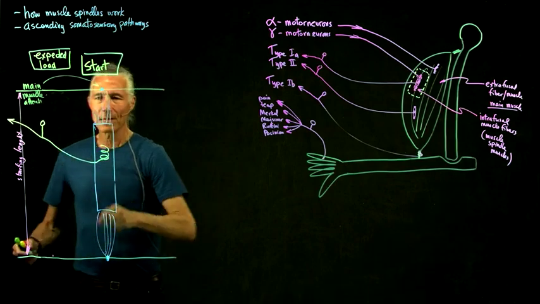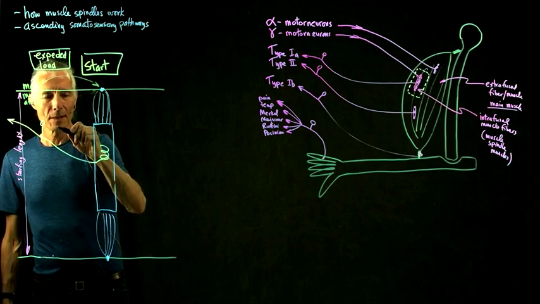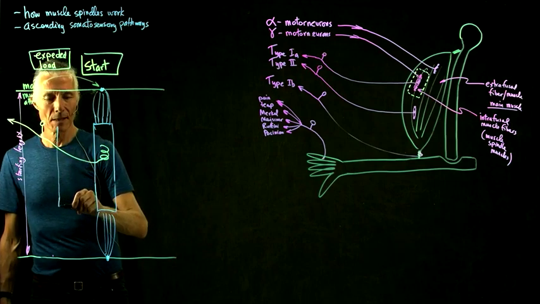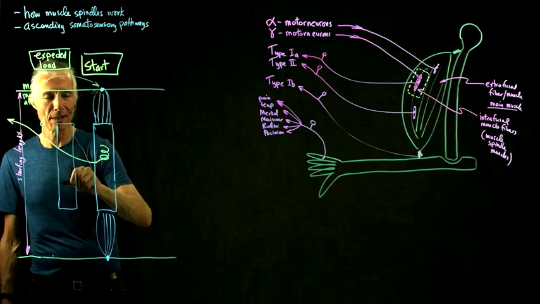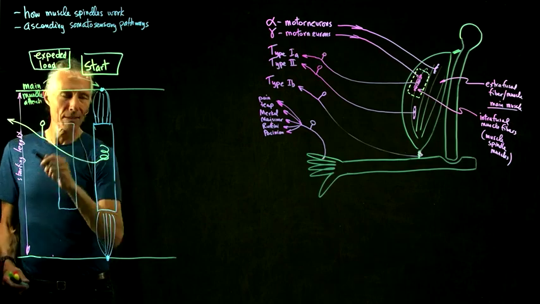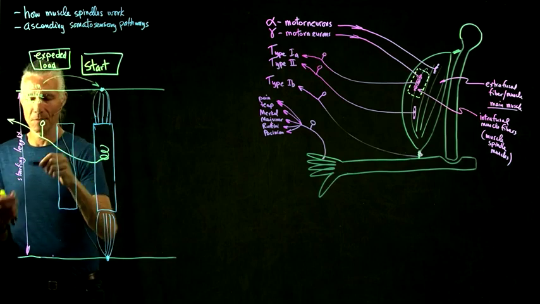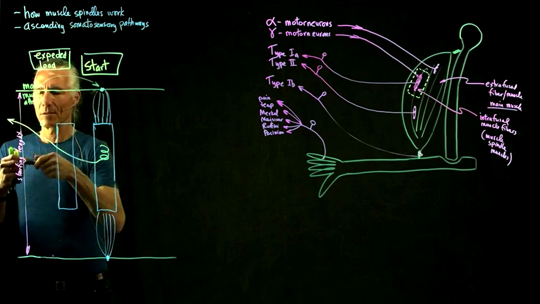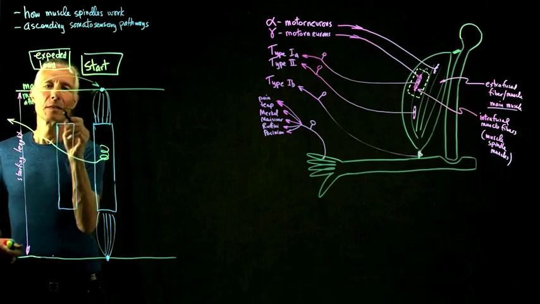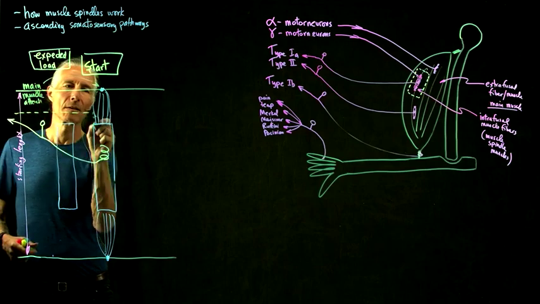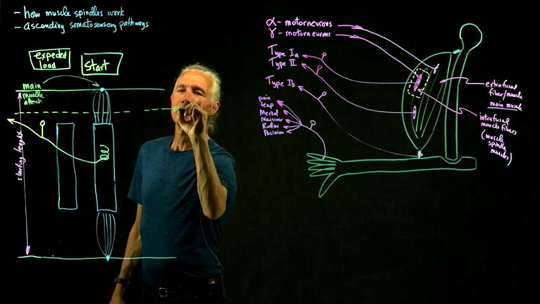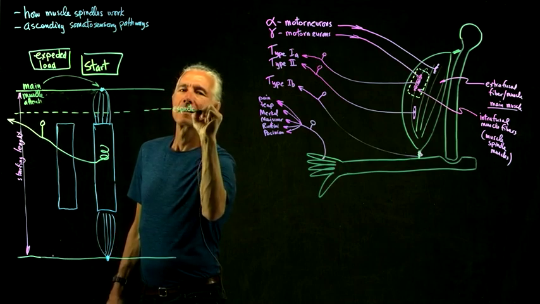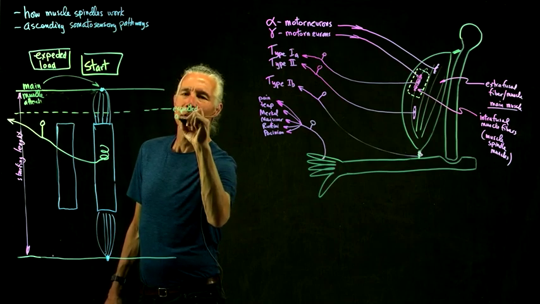So basically, what the muscle spindle muscles do is they predict how much shorter it's going to get. Say it's going to go to here. So this is the expected amount of shortening.